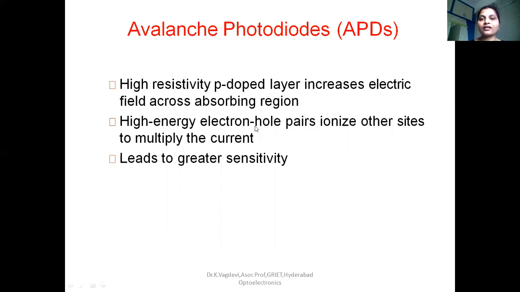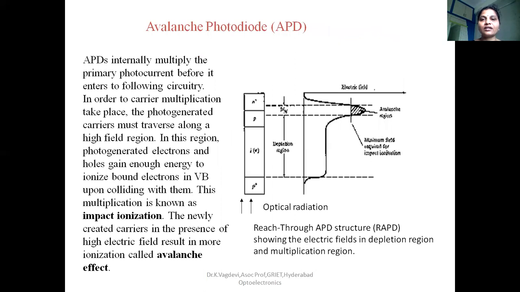High energy electron hole pairs ionize other sites to multiply the current and lead to greater sensitivity. In the structure, APDs internally multiply the primary photocurrent before it enters the following circuitry.